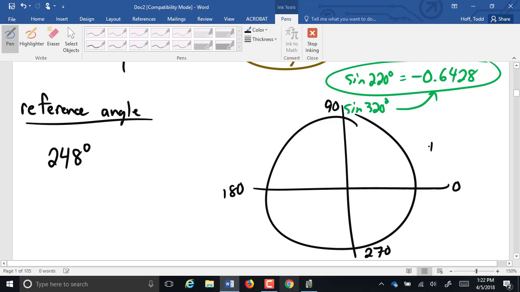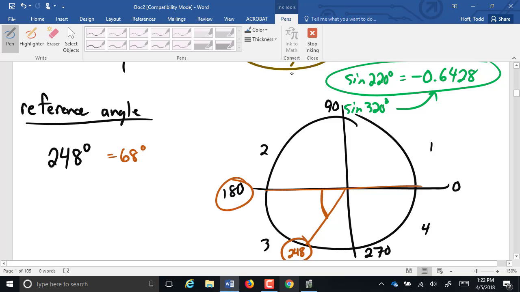Which quadrant, 1, 2, 3, or 4, is that angle going to be in? In 3, somewhere in here, right? So the reference angle has to come to this horizontal axis. So it's going to be right here. What's that value going to be? 68 degrees. Very good.